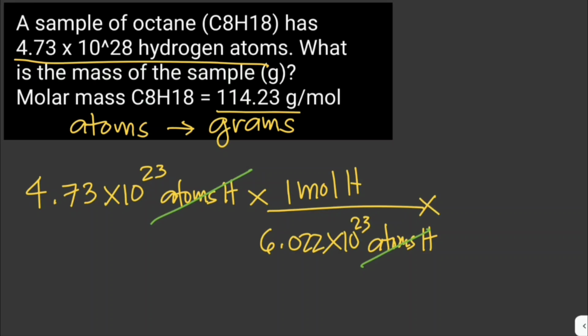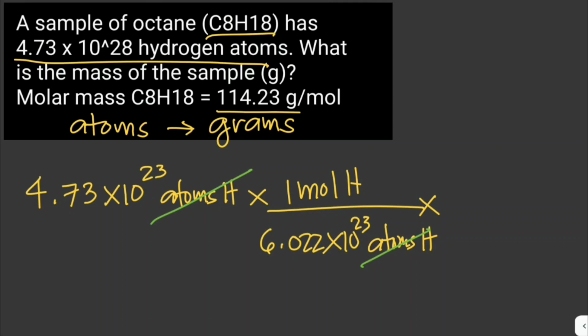And then we multiply this by the molar ratio of octane and hydrogen, because we are asked for the mass of octane, but we're given the number of atoms of hydrogen. So we need to convert this into octane.